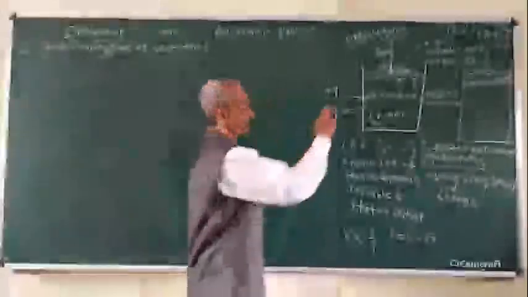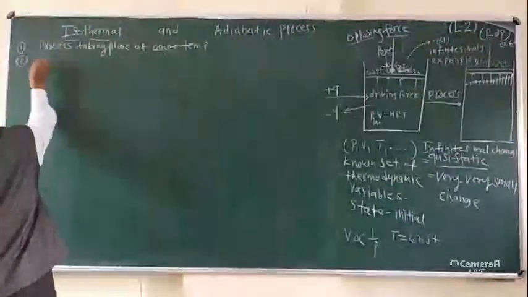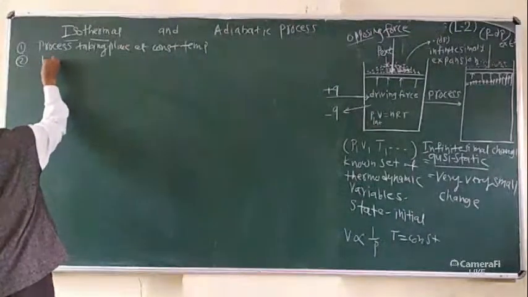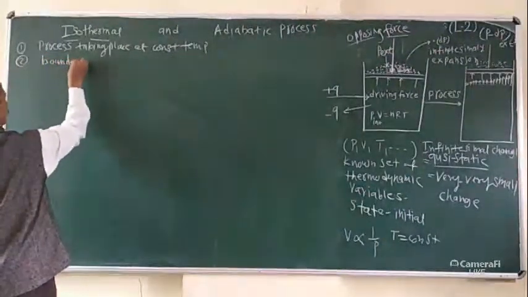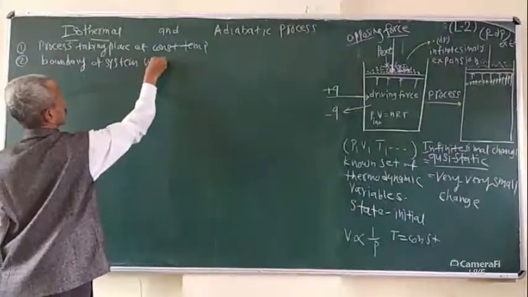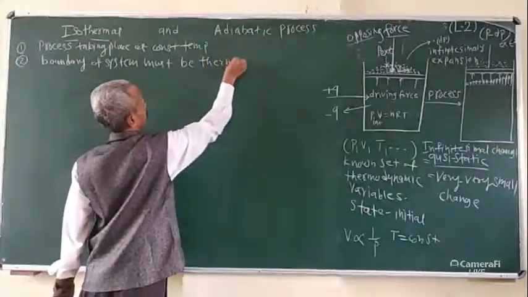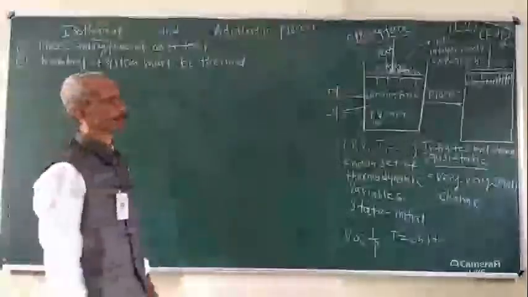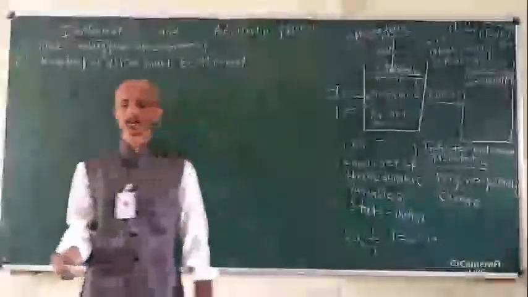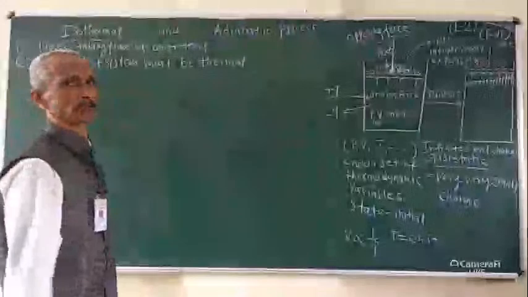That means the boundary of the system must be thermal, so that heat can be exchanged with the surroundings to maintain the temperature.